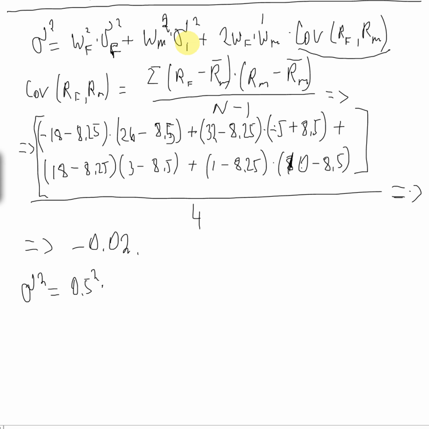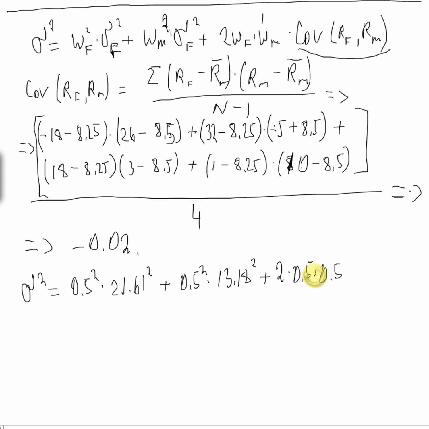Remember, sigma was the standard deviation, so if you square it, the square of 21.61, plus Wm is 0.5 squared times sigma f, which was 13.18, again squared, plus 2 times 0.5 times 0.5.